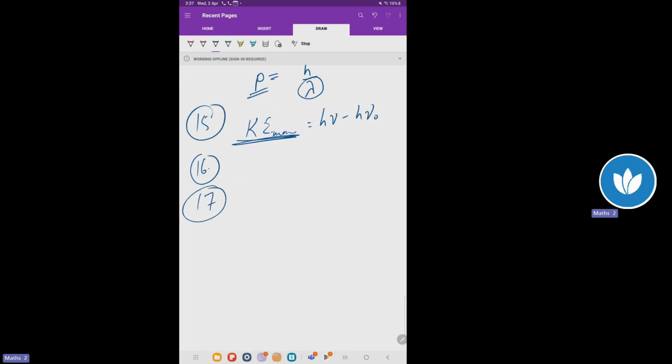17. If nr and nb are respectively the number of photons emitted per second by the red bulb and blue bulb, with equal power. Power is equal, so E red by time is equal to E blue by time. The number of photons of red per unit time, n_R h c by lambda R, is equal to n_B h c by lambda B. So n by lambda is constant.